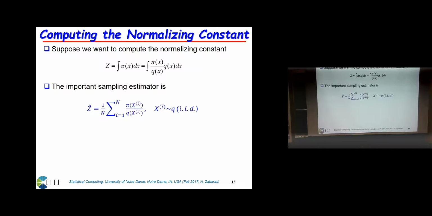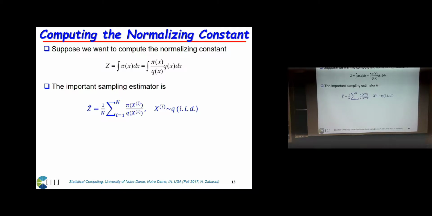Before I give you an example, let me show you how to compute the normalizing factor. For example, if this is the posterior and you need to normalize it, you have to compute this integral. You put Q and Q in there twice, and this becomes the expectation under Q of pi over Q. So there's nothing to do but standard Monte Carlo.